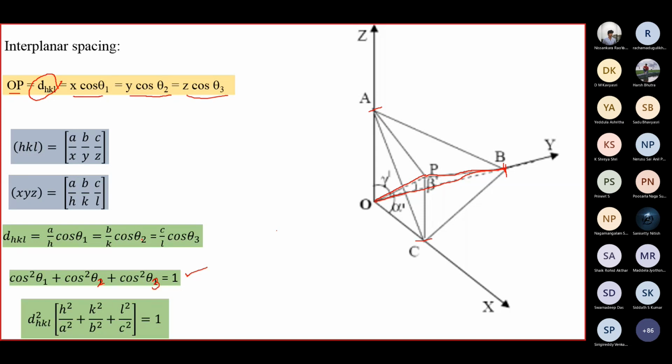Instead of cos square theta 2, you use d square hkl into k square divided by b square. Instead of cos square theta 3, you use d square hkl into l square divided by c square. Then d square hkl comes out to be common. What you get is d square hkl into h square by a square plus k square by b square plus l square by c square is equal to 1. Clear?